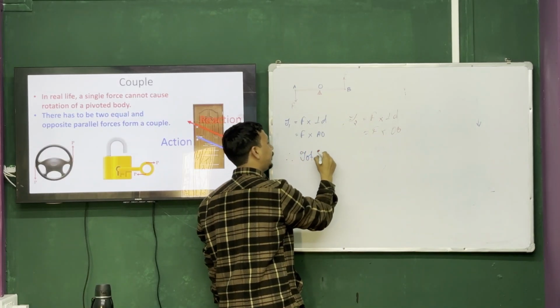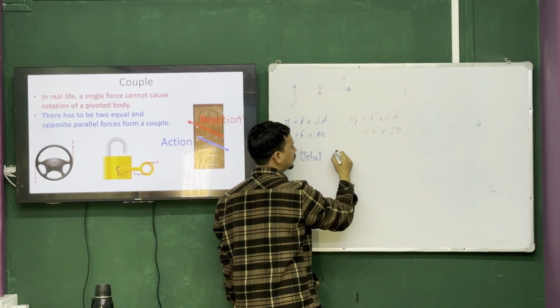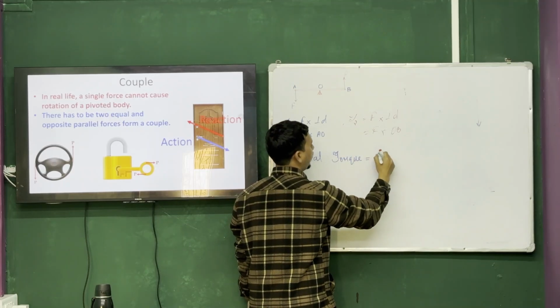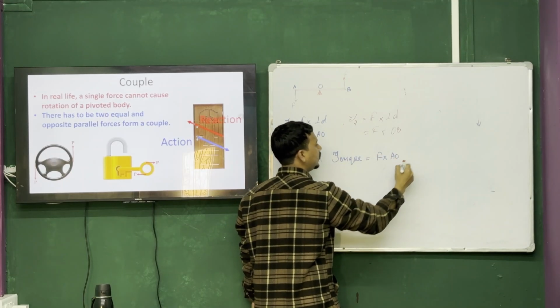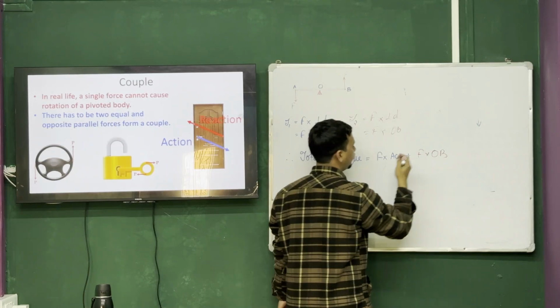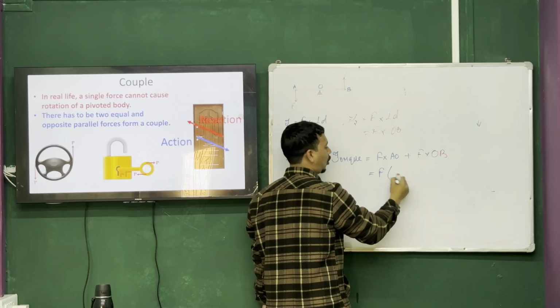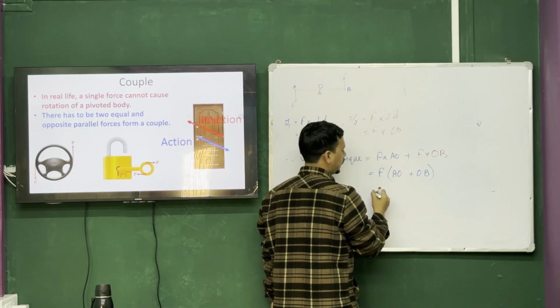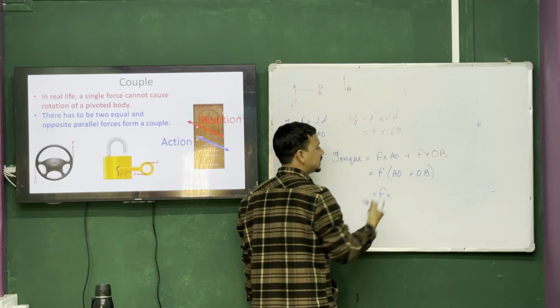So therefore, total torque will be equal to what? F into AO plus F into OB. If I take F common, I get F times (AO plus OB). Now what is AO plus OB?